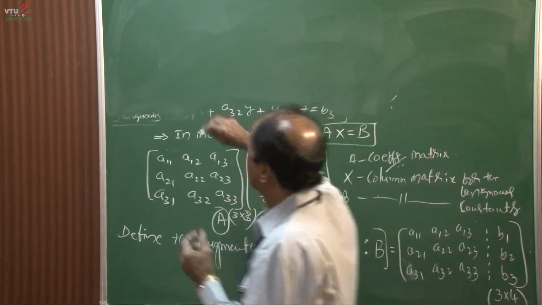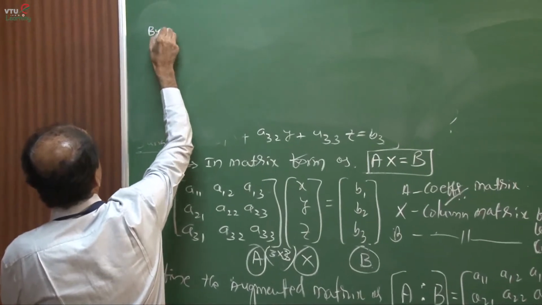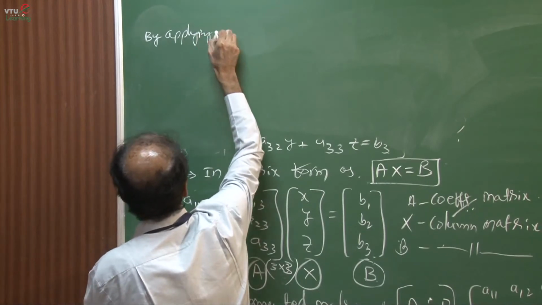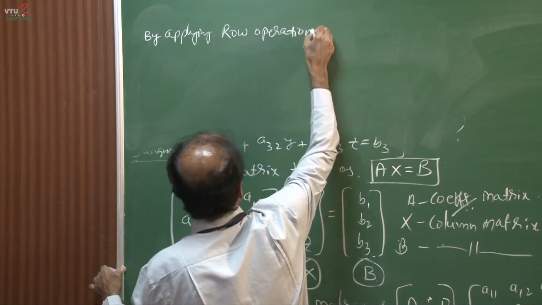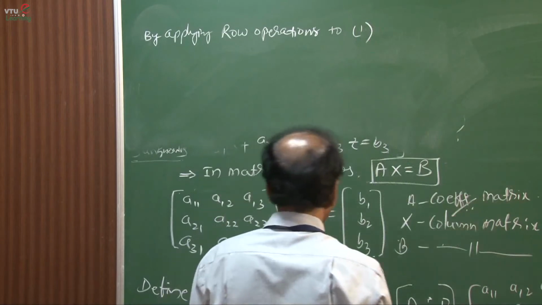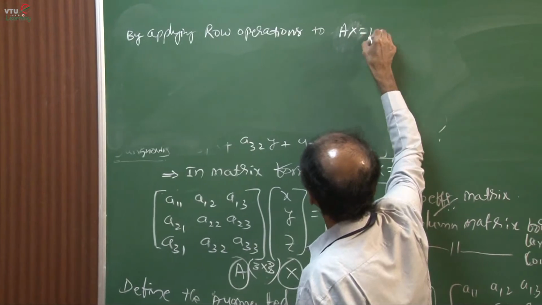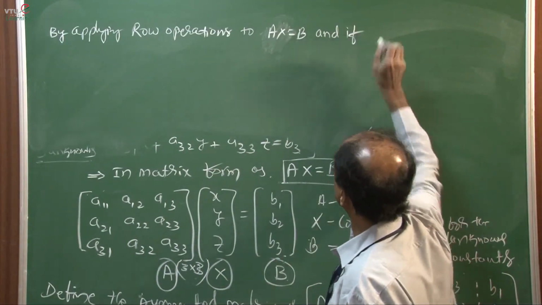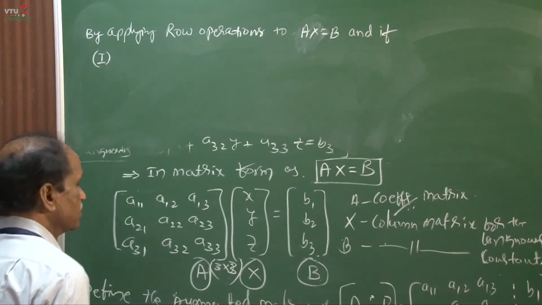Now I will write case 1, by applying row operations to equation 1, otherwise to Ax equal to B. You can write the matrix equation Ax equal to B. Now I will write the first case.